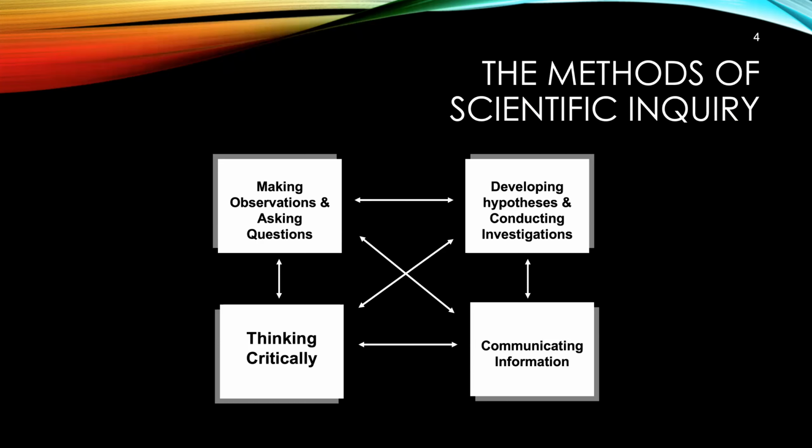So you'll notice that all the boxes are here: making observations, asking questions, doing experiments, thinking critically, communicating information. But notice that there's no straight line order here. In fact, all of these boxes are connected to each other by arrows, and all the arrows are double-headed, that is, they point in both directions.